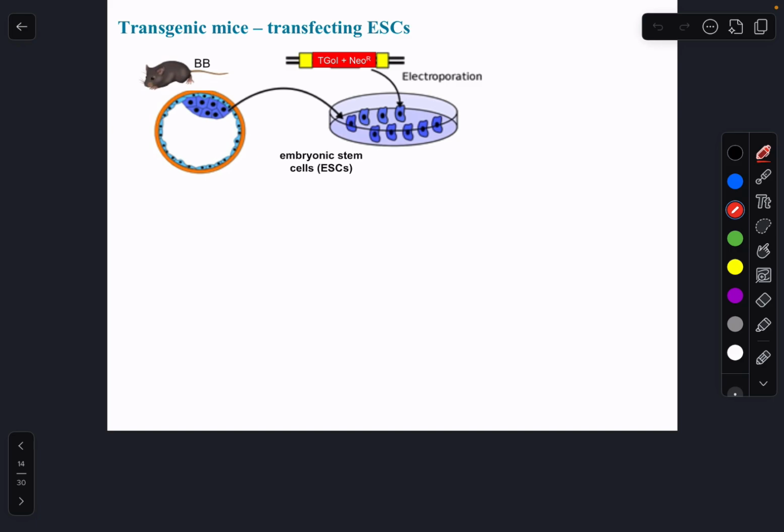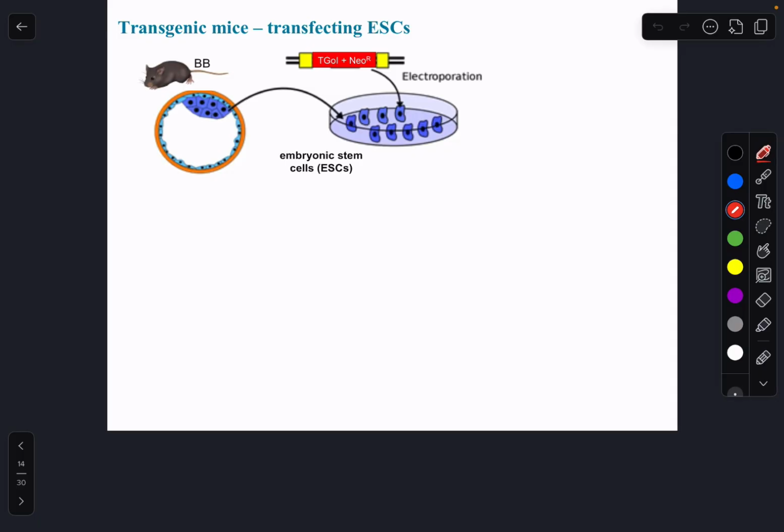You take a pregnant female mouse and you extract a very early embryo from her really early on. And the very early mouse embryo will have this mass of cells in it called the inner cell mass. And that's a whole bunch of what we call embryonic stem cells.